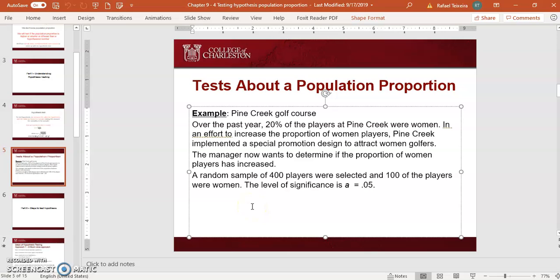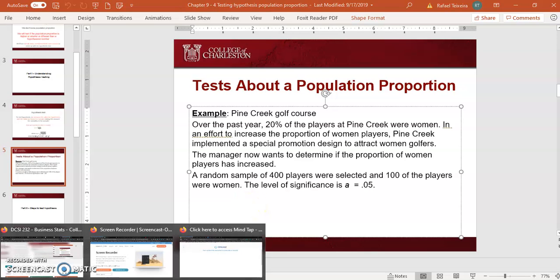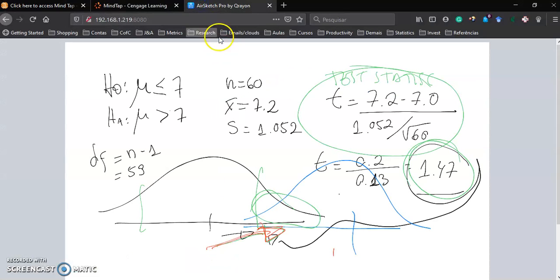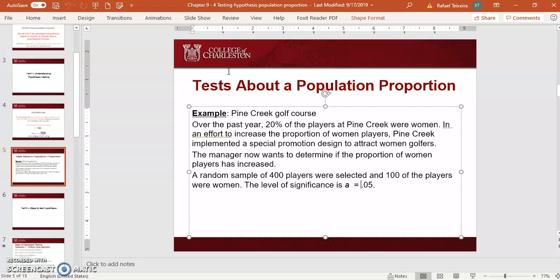Let me show you very quickly. I don't want to spend too much time on this, but let's go back. So we have a null hypothesis that the proportion of women is 20%.